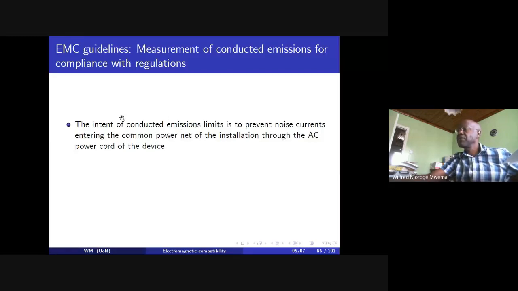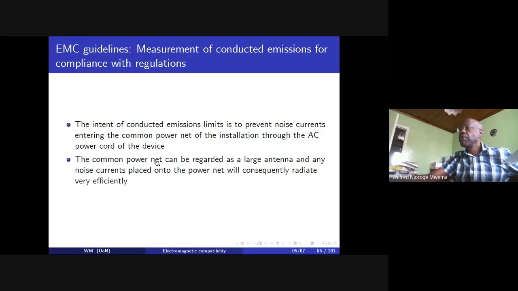If your signal has a high harmonic content, the lifts as well will be interfered with. So the common power net can be regarded as a large antenna, and any noise currents that are placed on it will consequently be radiated very efficiently.